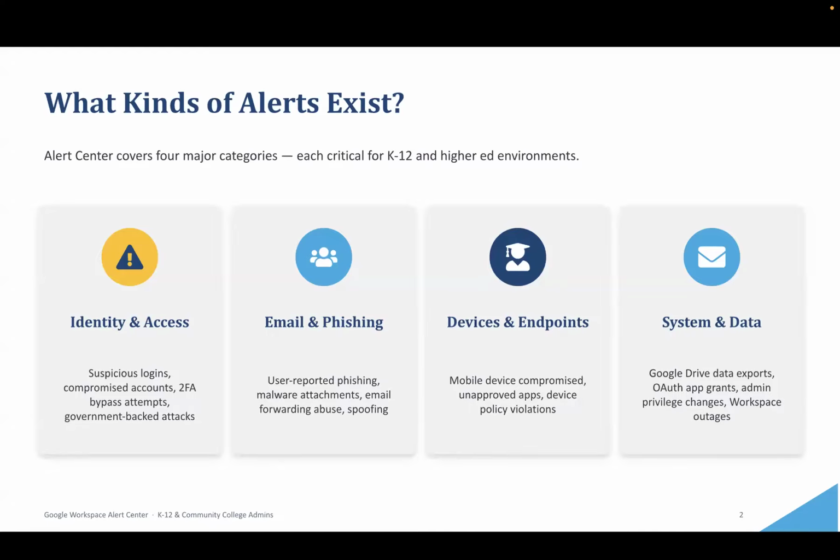We want to know about those different types of things, and have it send off an alert to your super admins, things along those lines. Or we can get our Workspace outages as well. All of those different types of things can get sent to you in your Alert Center, or they can get sent to you as email as well.